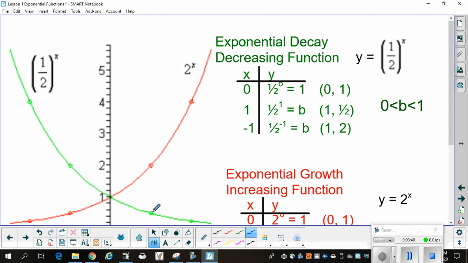It just keeps getting tinier and tinier and tinier. We call this exponential decay. This also happens when y is equal to 2 to the negative x, because these are the same things.